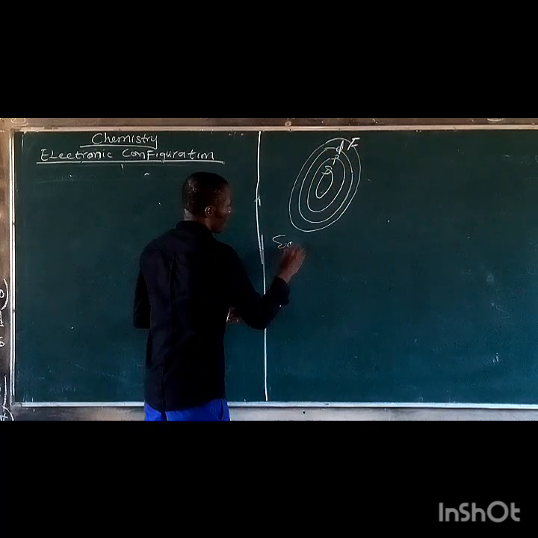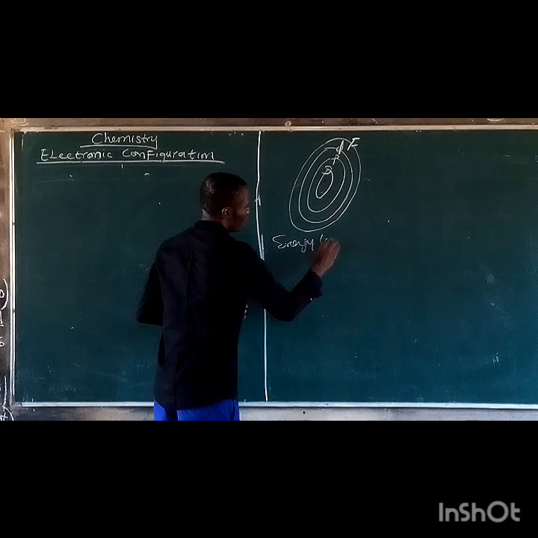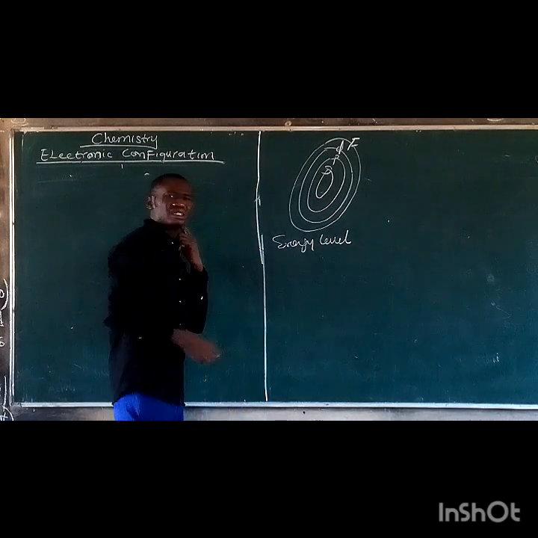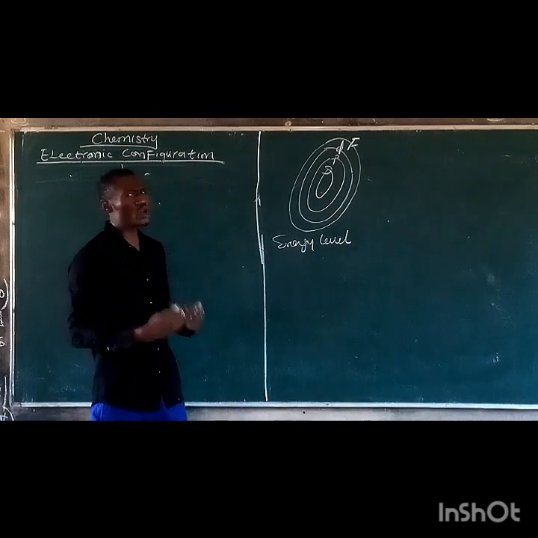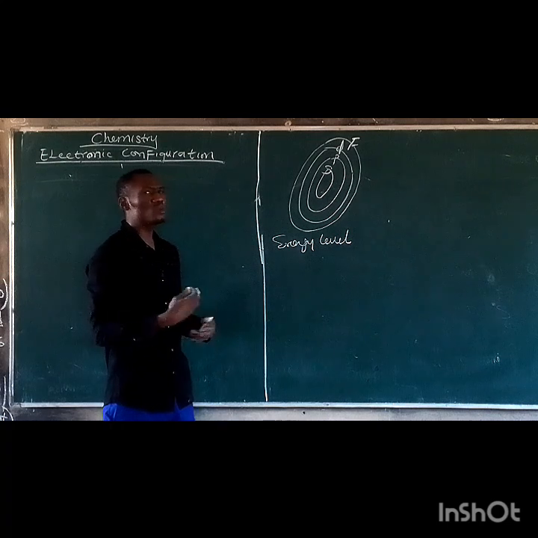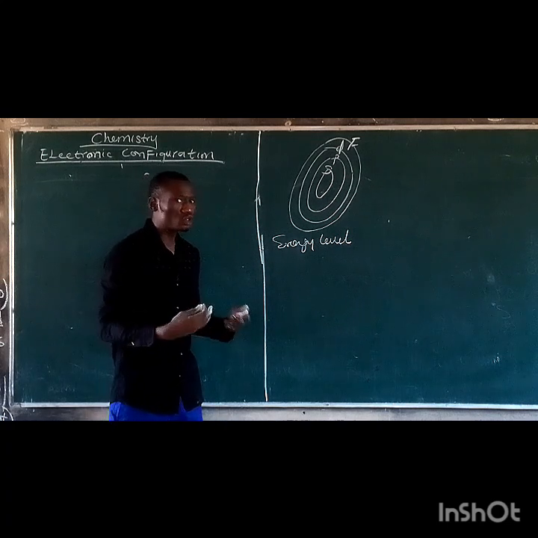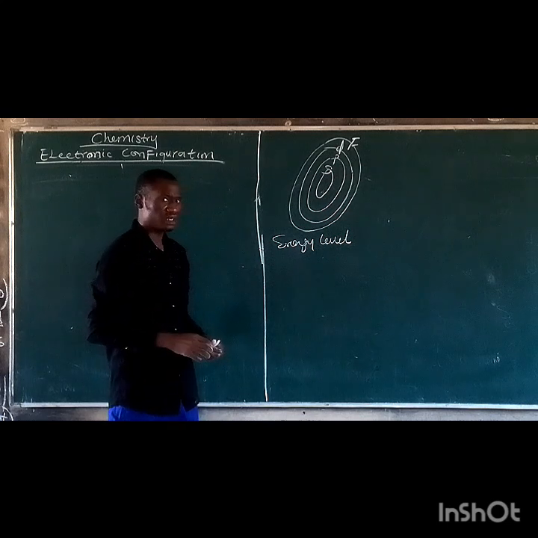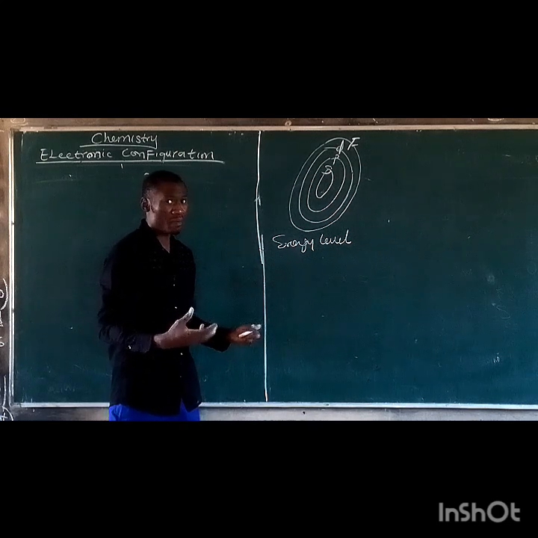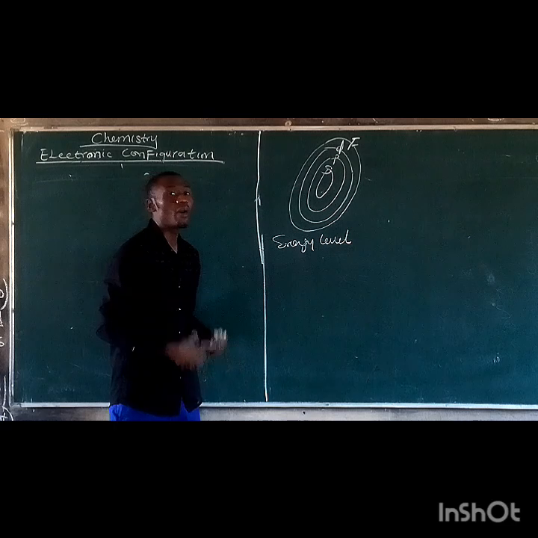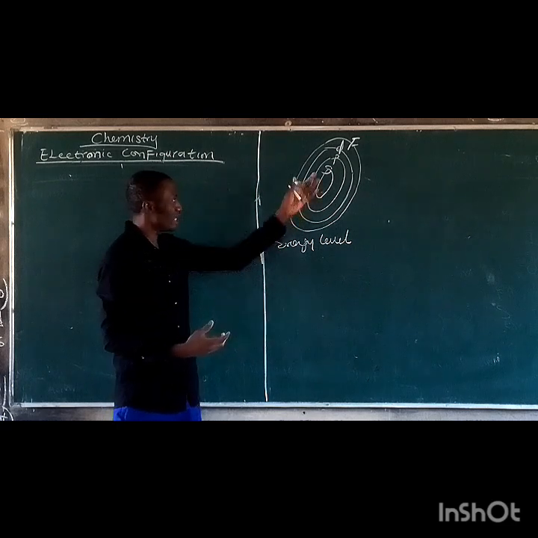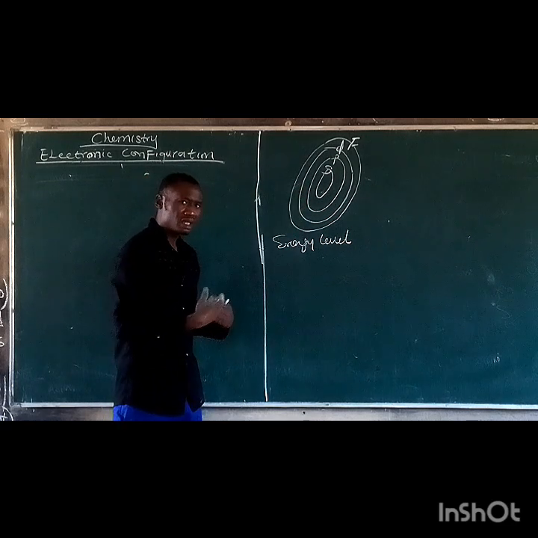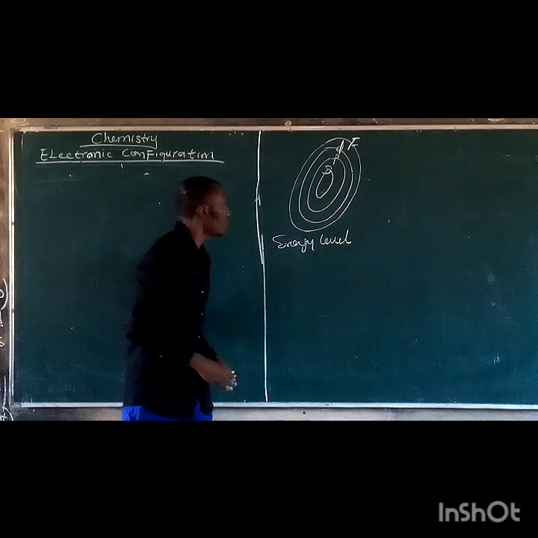Now, these energy levels have certain numbers of degeneracy according to the magnetic quantum number, because the magnetic quantum number helps us to know the number of degeneracy in the sublevel.